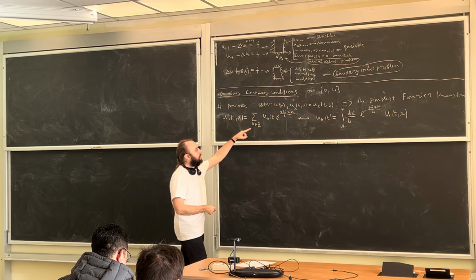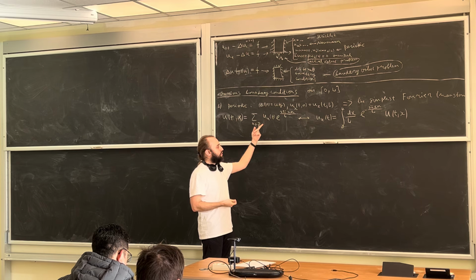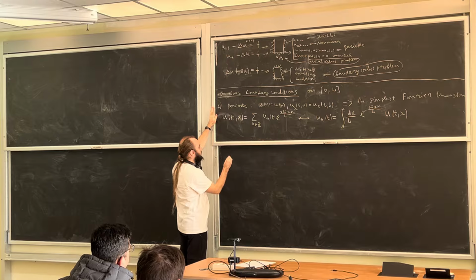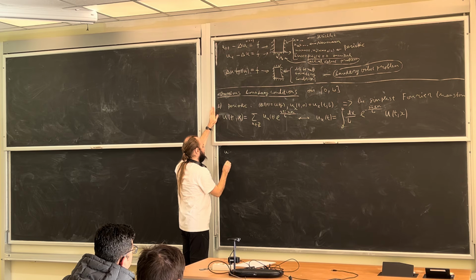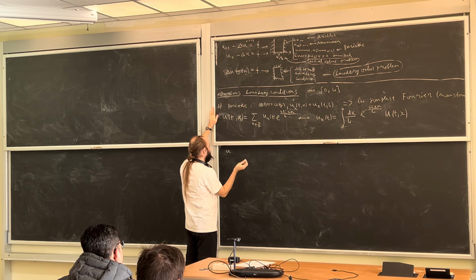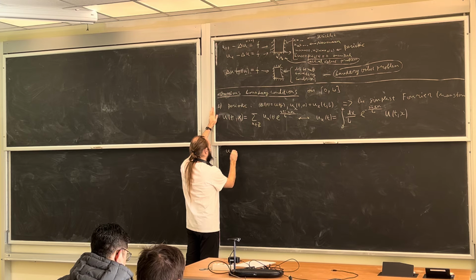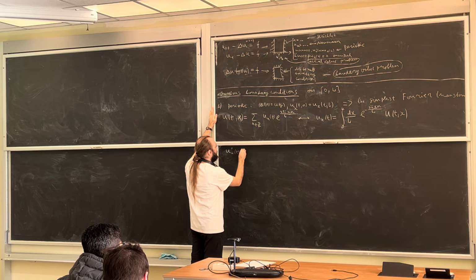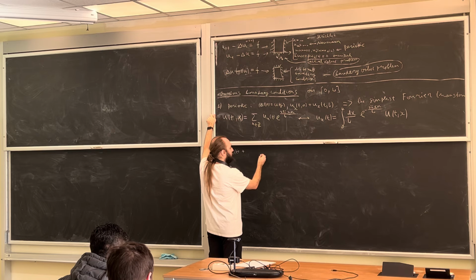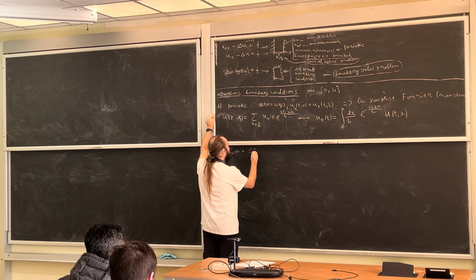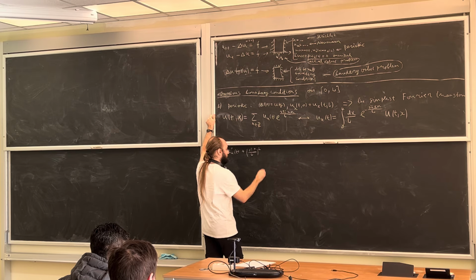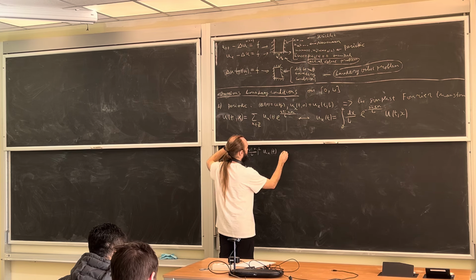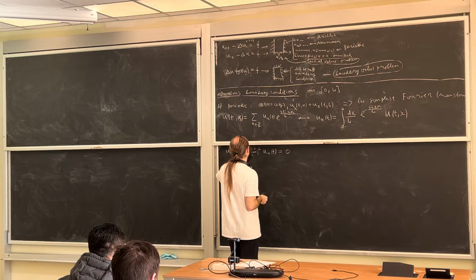And if you rewrite the wave equation for these coefficients, then we see that un of t double prime plus 2 pi n over L squared un of t equals to 0.